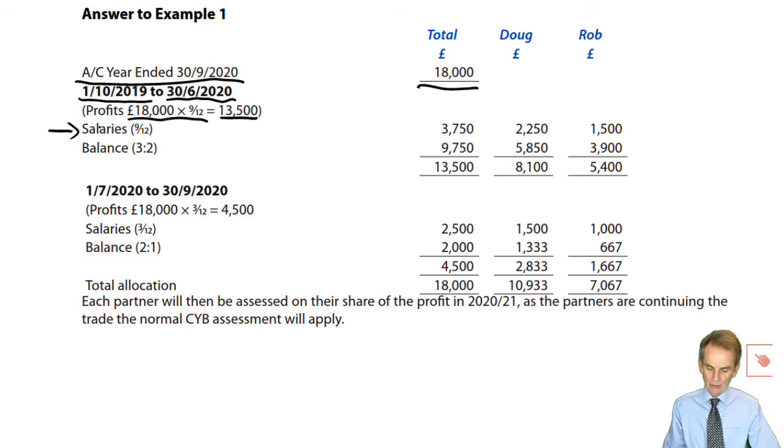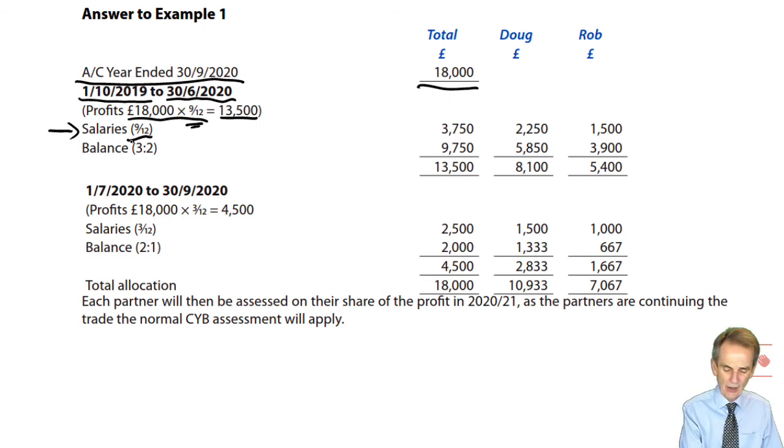Here there's just the salaries. They were £3,000 and £2,000 per annum respectively, but we just take 9 months of those salaries. So that gives us £2,250, 9/12 of 3,000, and 9/12 of 2,000, £1,500.